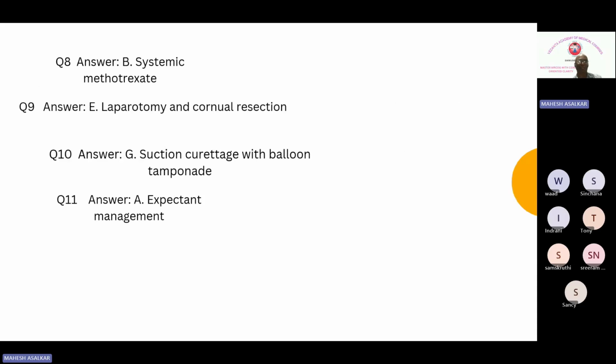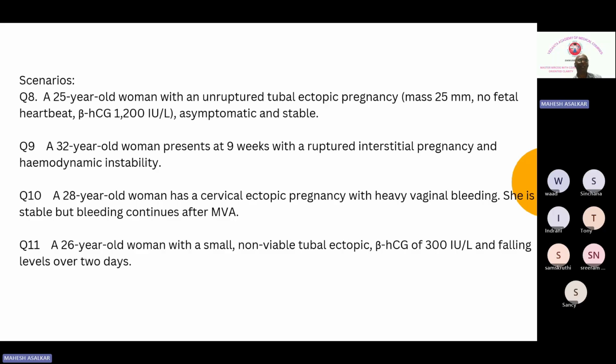First is systemic methotrexate because the beta hCG was 1200, and the patient should be pain free and the rest of the criteria should be there. Second, here it is a laparotomy with cornual resection. That was a case of hemodynamic instability, interstitial pregnancy rupture.